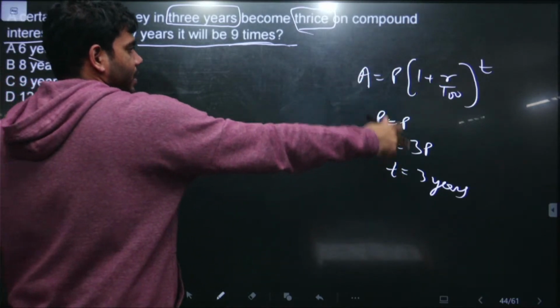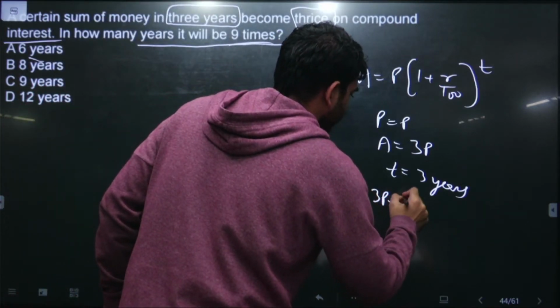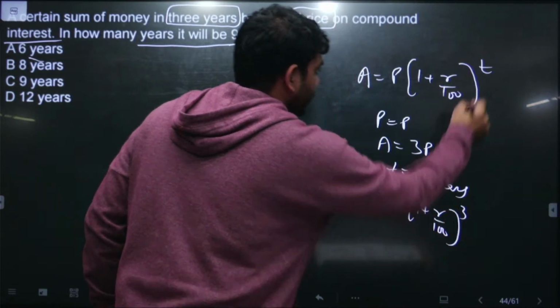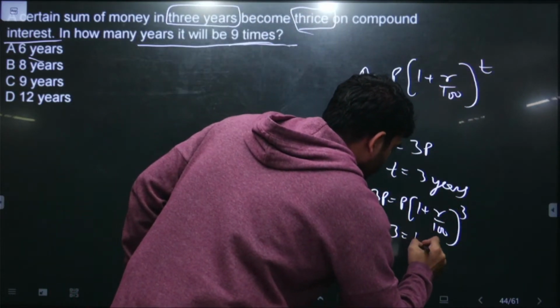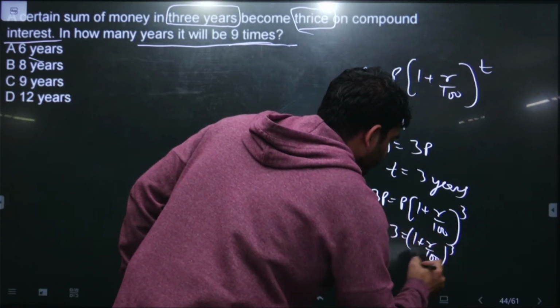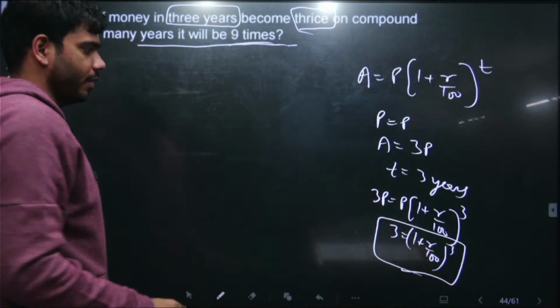So putting these things in the formula, let us put it here. In place of A, 3P equals P into 1 plus R by 100 raised to the power 3. It means 3 is equal to 1 plus R by 100 raised to the power 3. This is the formula, this is the thing that we know.